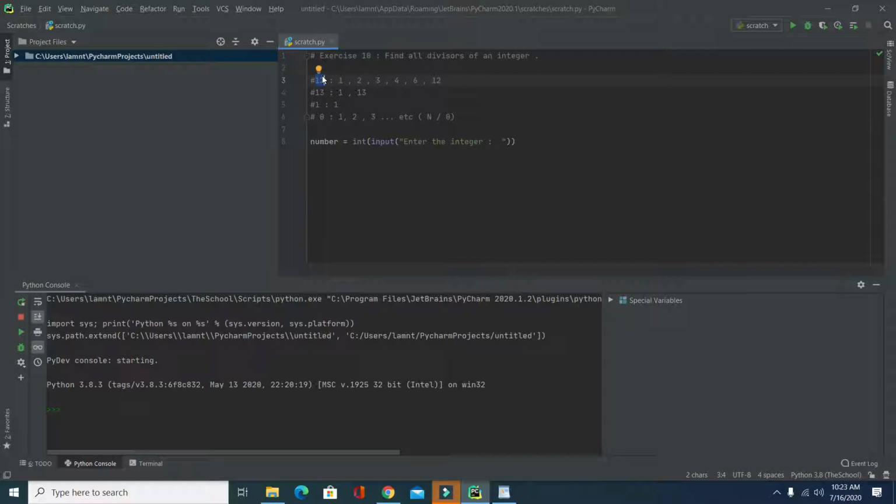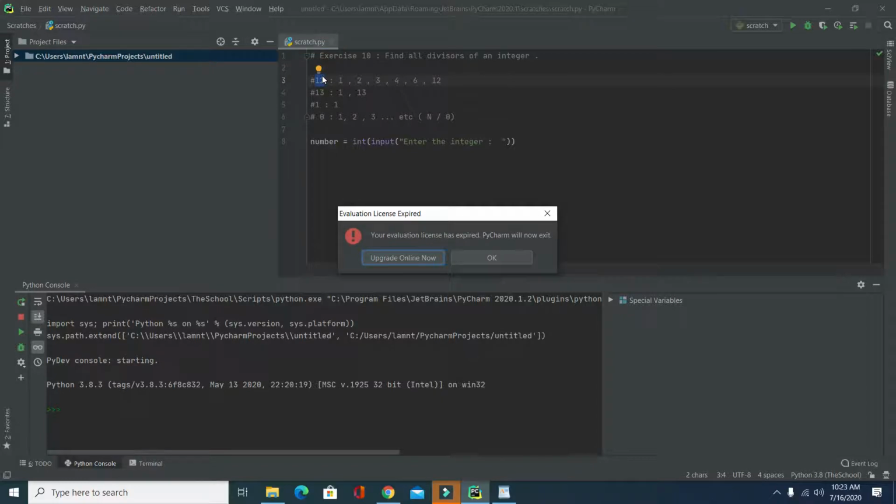If 12 is divided by 1, okay, 1 is a divisor, and 2 and 3 and 4 are all divisors of 12. 12 divided by 2, so 2 is a divisor of 12. 4 is a divisor of 12, but 5 is not a divisor of 12. So we're going to check up until we get all the divisors.